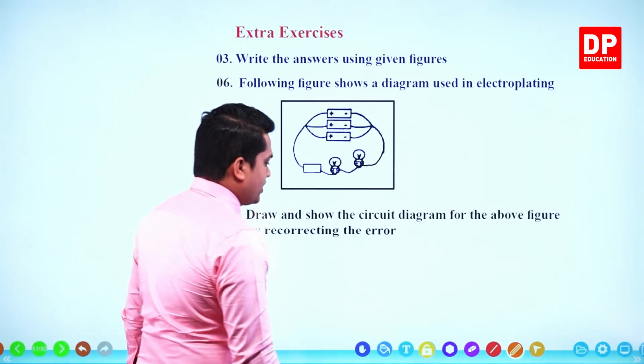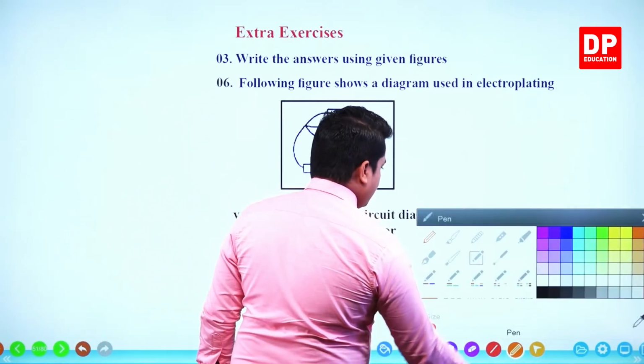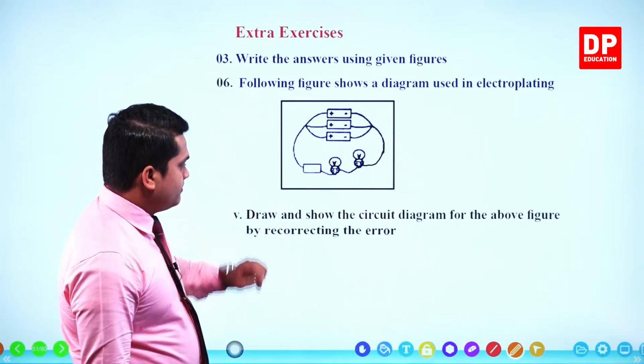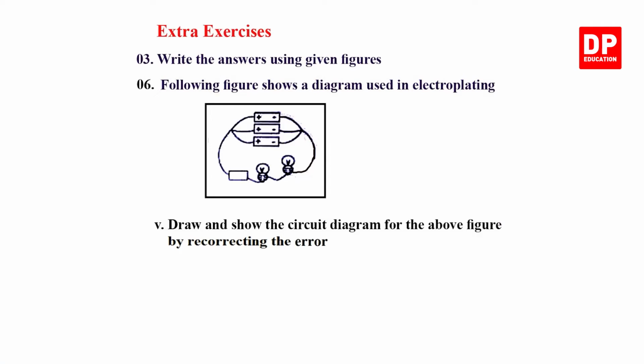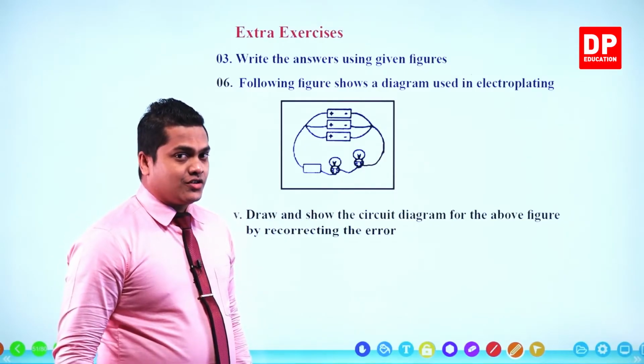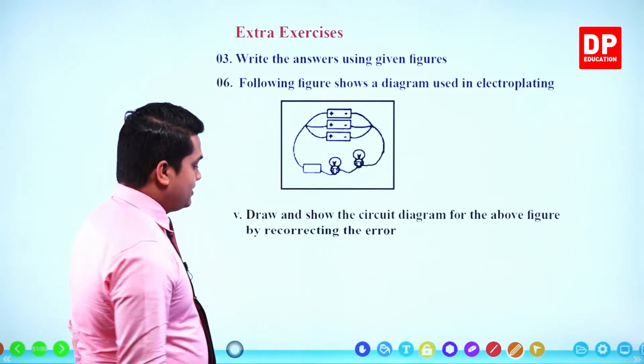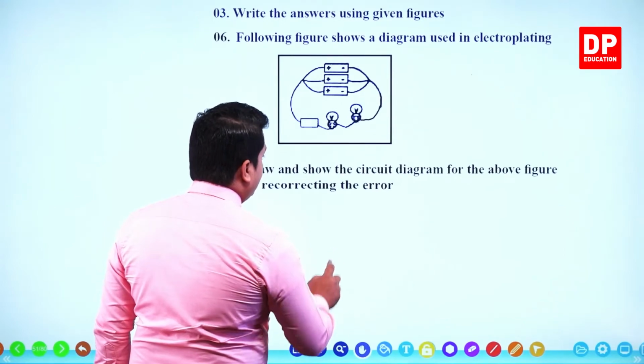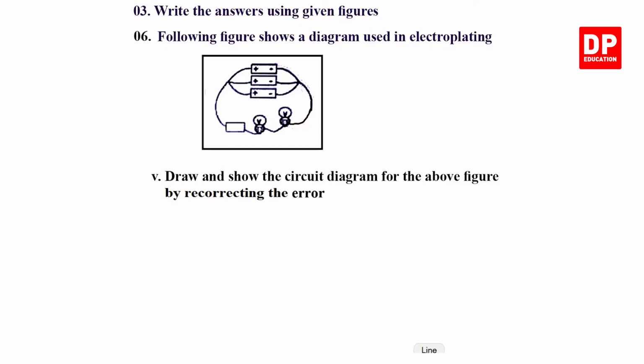Now let's draw out the circuit diagram for this one. Here you can observe a resistor and two bulbs connected to each other in a series connection, and there are three cells. So let's draw the circuit diagram. I have to use straight lines. Three cells.